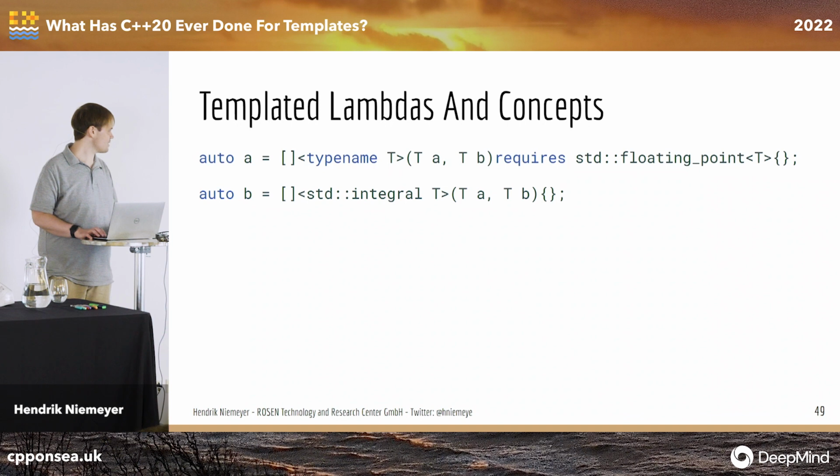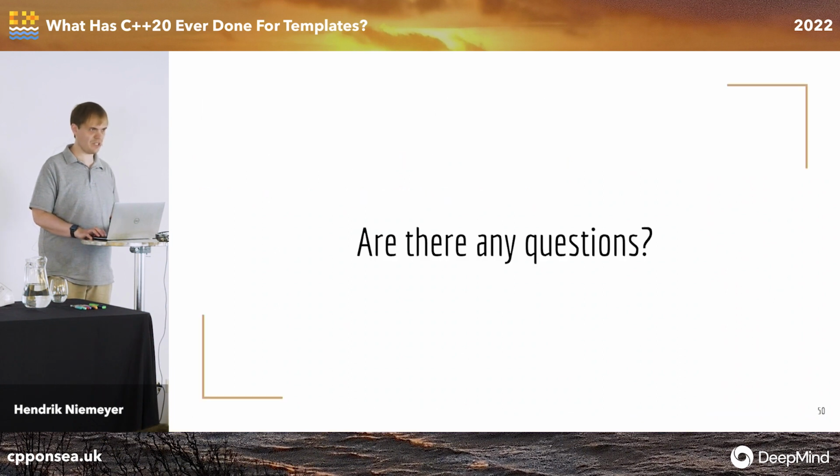Because lambdas should be short, maybe it's not a good idea to put concepts and requires clauses in there all the time, but you can if you want. And that would be the end of a very short chapter where I guess nobody has a lot of questions because this is one thing, but I think it's a nice thing.